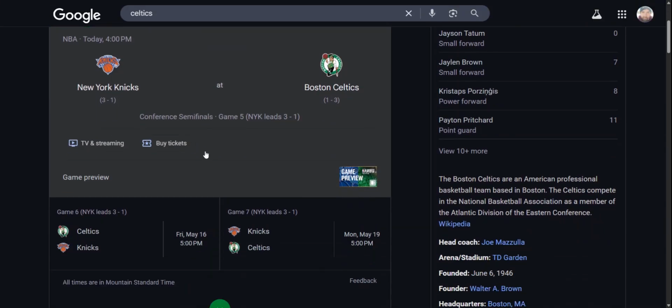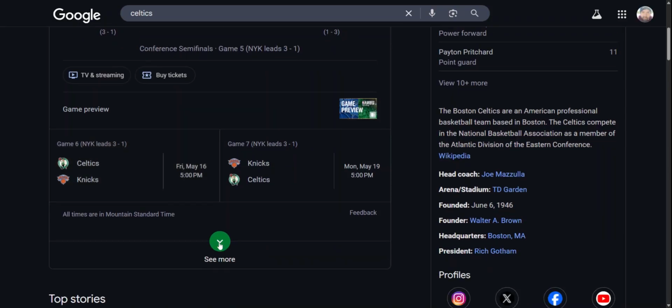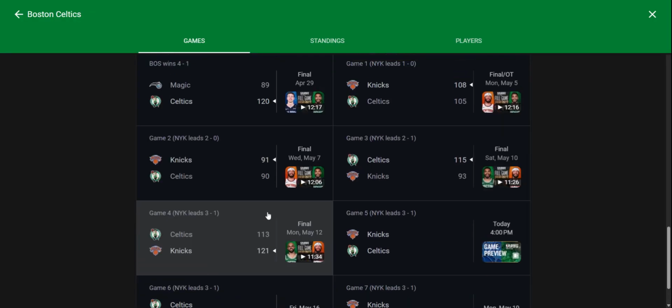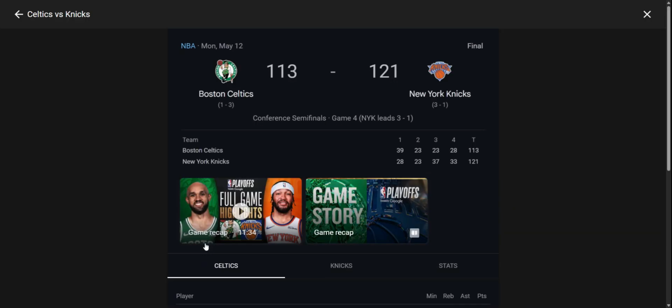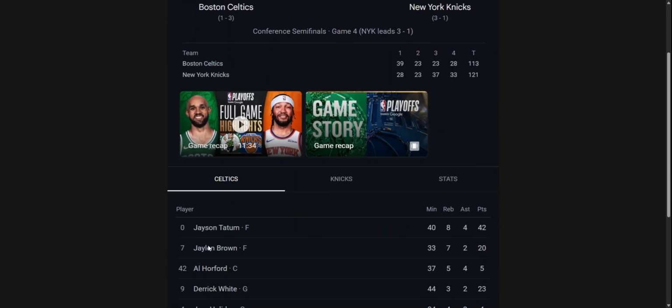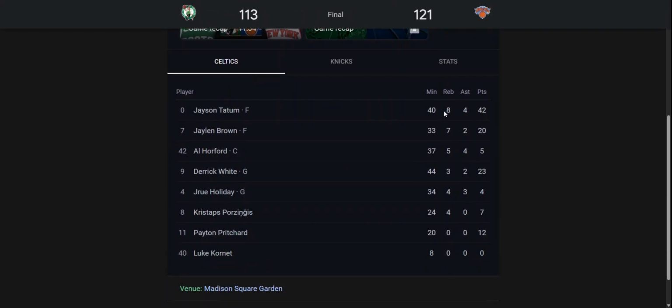So they're saying this game happened Monday the 12th, right here. And that was in a loss to the Knicks. You see that right there? So that was the last game. And look at how Tatum scored 42 points in that game. I'm glad I looked that up because I wasn't even aware.